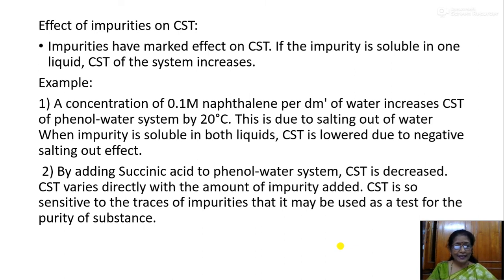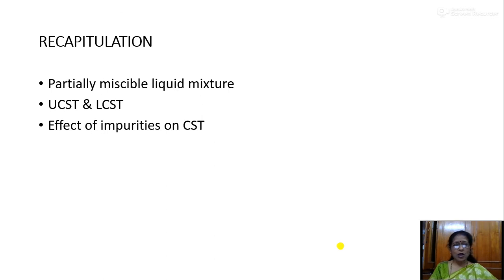By adding succinic acid to the phenol water system, the CST is decreased. CST varies directly with the amount of impurity added. CST is so sensitive to traces of impurities that it may be used as a test for the purity of the substance.